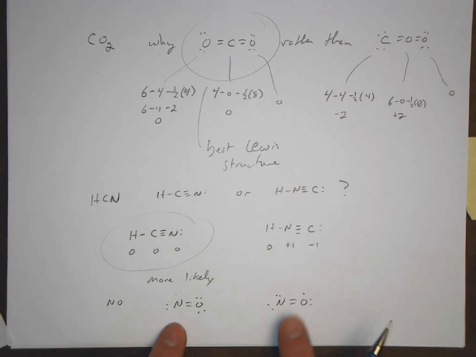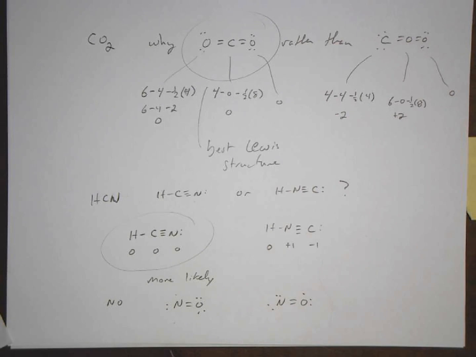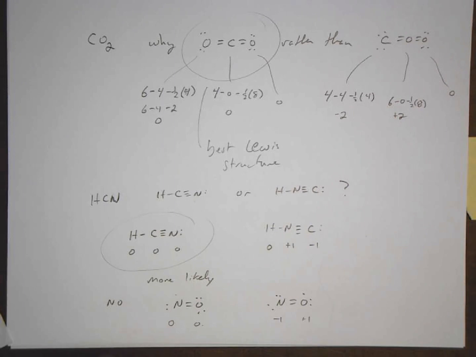Which of these two structures would be more likely? Now, I gave you a rule of thumb earlier saying that the least electronegative atom will maybe have an odd number of electrons. But if we look at why that's the case, we get formal charges of 0 and 0 here, minus 1 and plus 1 here. So this one would be the more likely of the structures. So formal charge allows you to look at the distribution of electrons also.